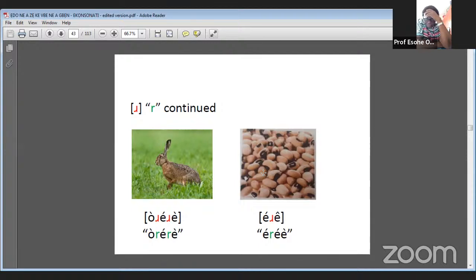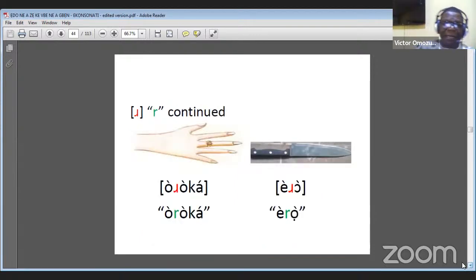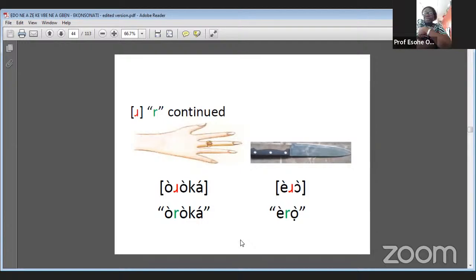Different from a, which is profit or gain. You have it there, arrow. Then you have it there, oroka. You have it there, ero.